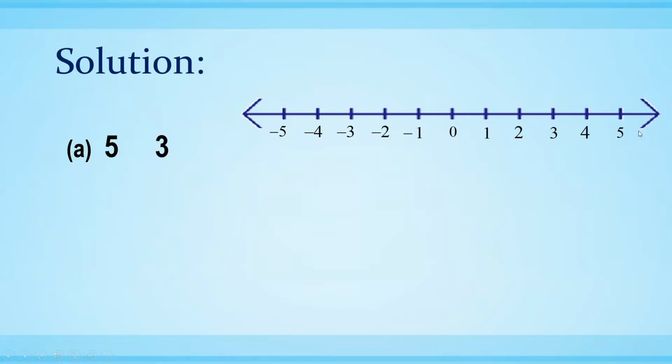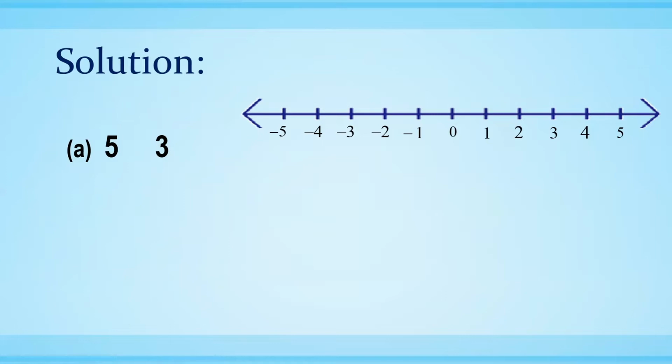So this arrow is just like the greater than symbol. So as I move towards the right, the numbers are going to become greater and greater. And this arrow, it is just like the less than inequality symbol. So as I move towards the left, the numbers are going to become smaller and smaller.